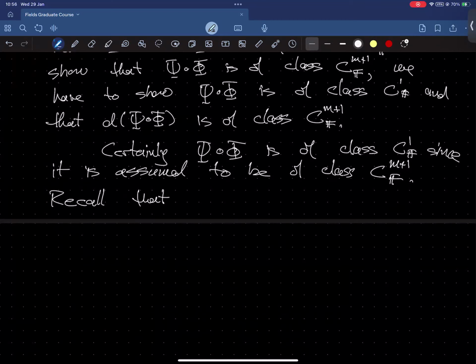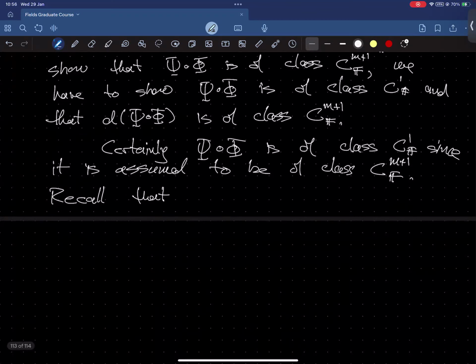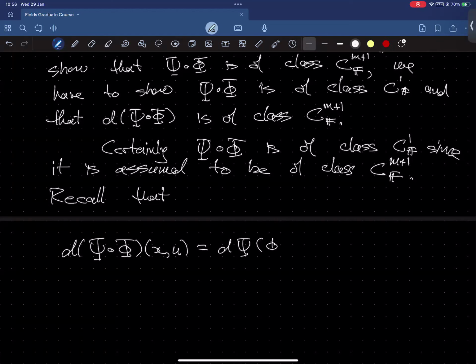And the derivative is d of psi composed with phi, at a point x in the direction u, is d psi of phi of x, comma, d phi of x u. Okay, that's the formula that we had last time.